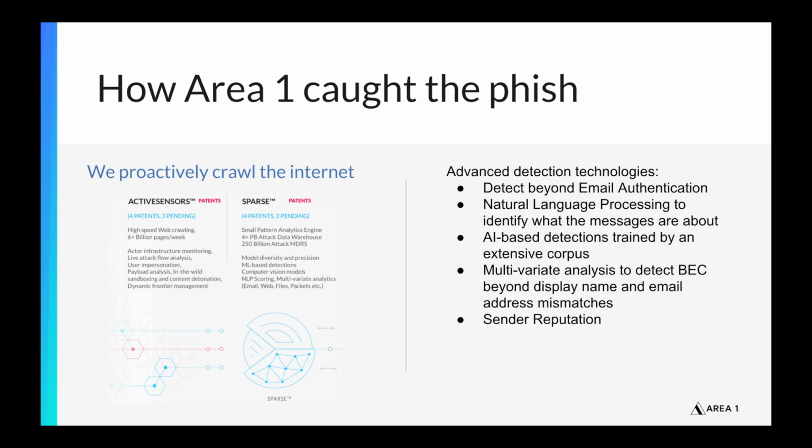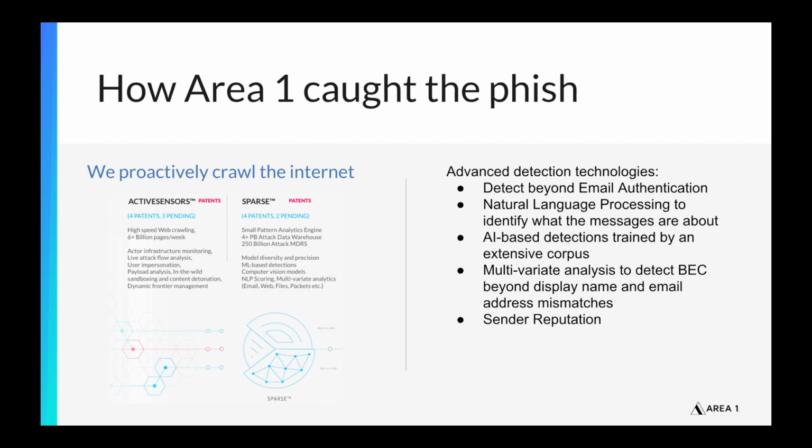So, as I mentioned, we go beyond email authentication. We look at the content of the email, the context of the email. We go beyond simply looking at the mismatch of the display name and the email address. So we do advanced detections, things like natural language processing, where we take a look at the message as a whole to understand what is going on there. We have a pretty extensive AI model that allows us to make those accurate detections, and we train those models with an extensive corpus of messages.